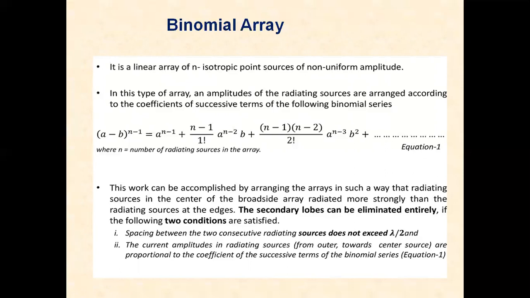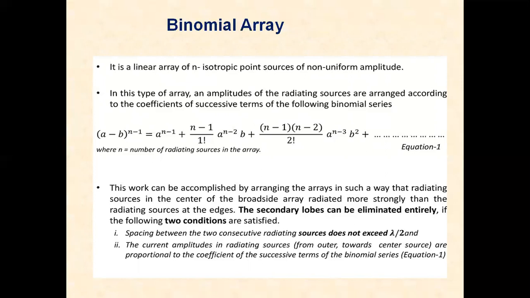With linear arrays, there are always secondary or minor lobes present. So when we are trying to increase the directivity in a particular direction, as the array length increases in a uniform linear array, there appear the secondary and minor lobes.